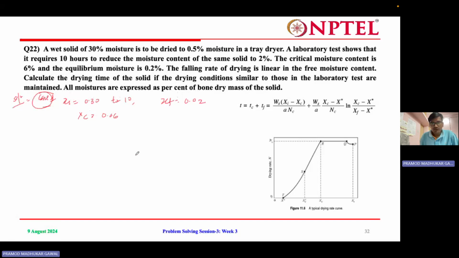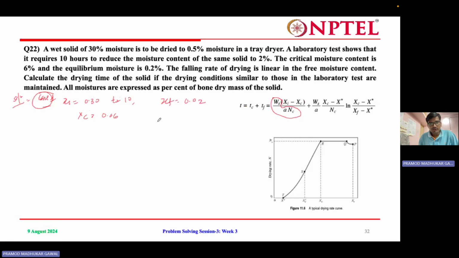Time is given. So here we have to utilize this formula to calculate the time and solve these problems. In case one, this is the formula. Xi is given, Xc is given, A and Nc and W are not given, and time is given. So all the parameters are given. First we have to calculate these terms in case one.